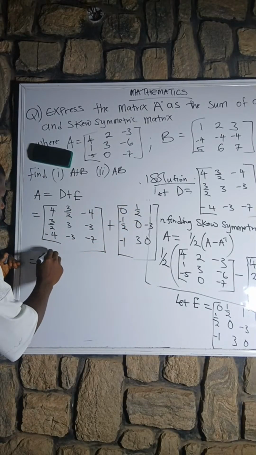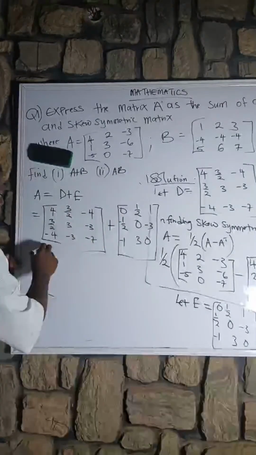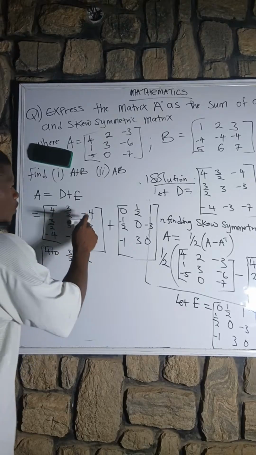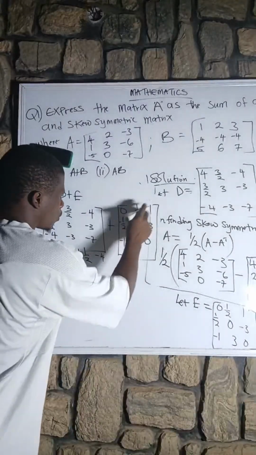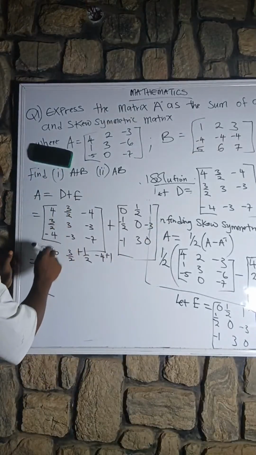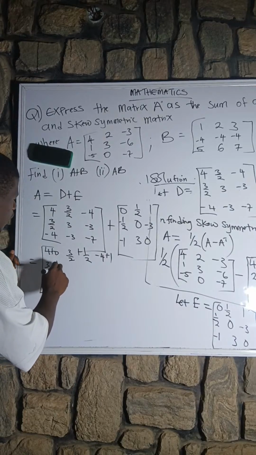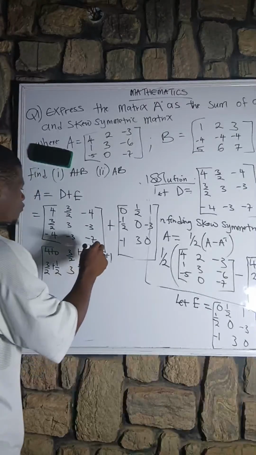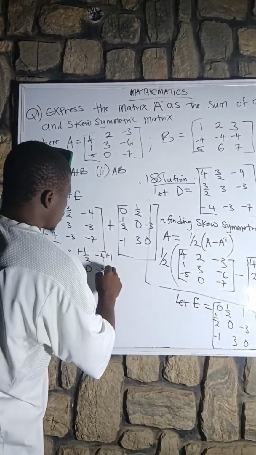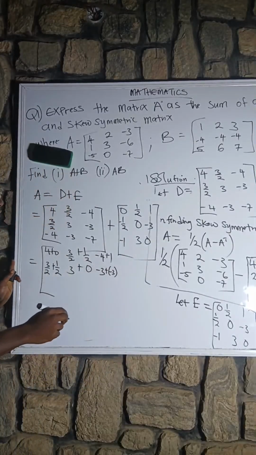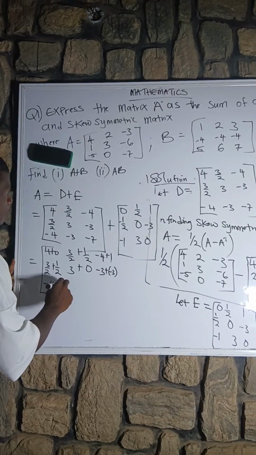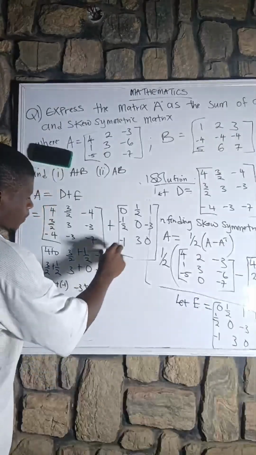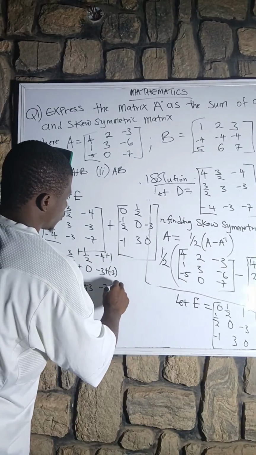Then it will look like this. 4 plus 0, 3 all over 2 plus 1 all over 2, minus 4 plus 1, 3 all over 2 plus 1 all over 2, 3 plus 0, minus 3 plus minus 3, minus 4 plus minus 1, minus 3 plus 3, and minus 7 plus 0.